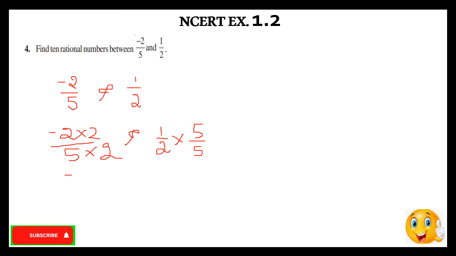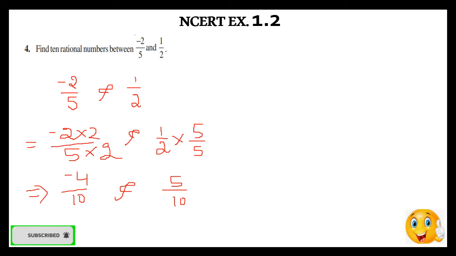So here we get -4 by 10, and then we get 5 by 10. Now we have the same denominator in both the numbers. So -4 by 10 is equivalent to -2 by 5, and 1 by 2 is equivalent to 5 by 10.